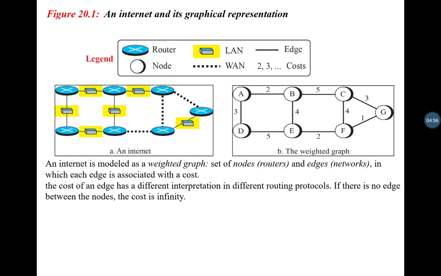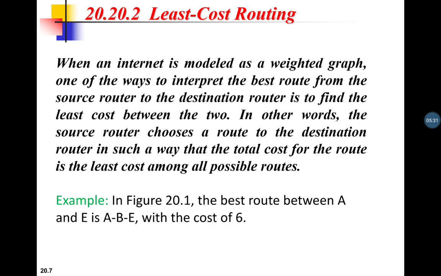If there is no edge between the nodes, that means the cost is infinity, that means they are at infinite distance, both the cities. Always assume that for each edge there is a cost associated with it. So here we can see that the internet is modeled as a weighted graph consisting of nodes, which are routers, and the edges, which are networks, in which each edge is associated with a cost.